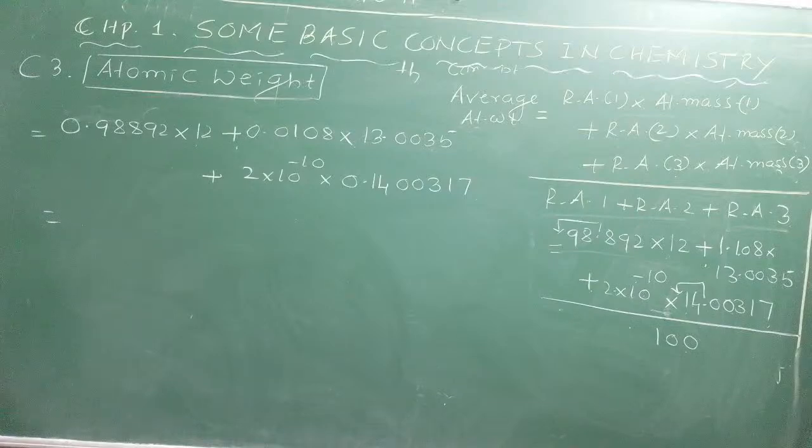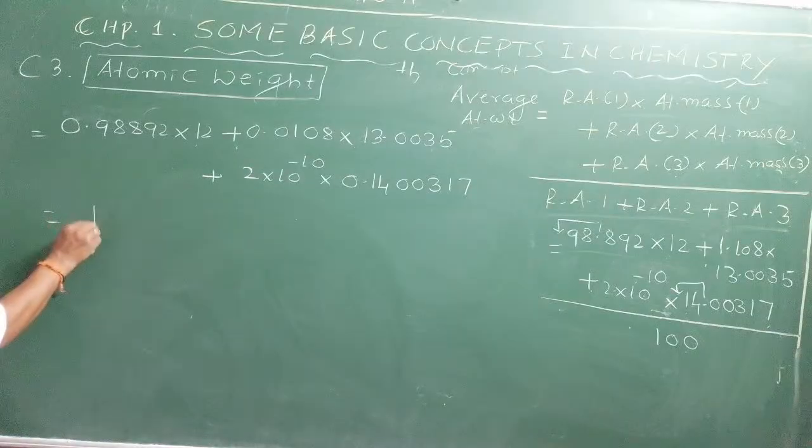Now let us calculate. See, 0.98892 into 12 plus 0.0108 into, first of all, one by one we will do now. 0.98892, take a calculator and calculate into 12.